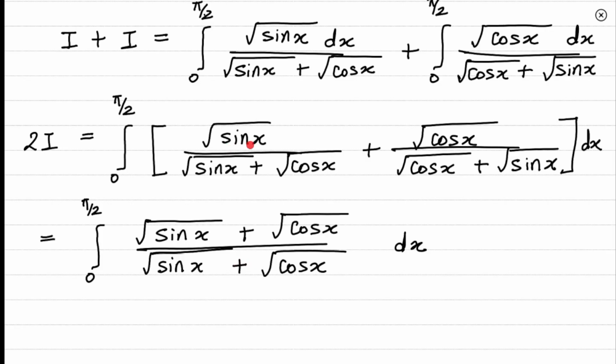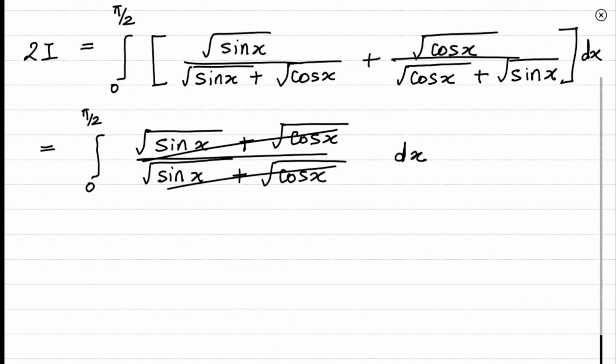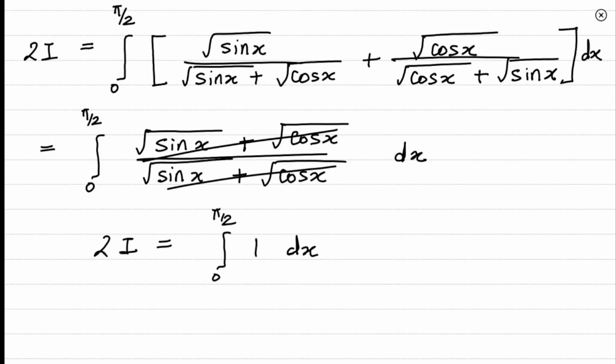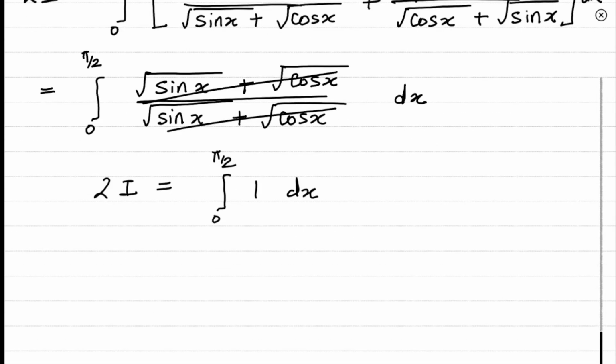You could add those numerators up. Okay, and if you notice, this and this is exactly same and it will get cancelled. So essentially you have 2 times I is equal to integral of 0 to pi by 2 1 with respect to x. How simply you are able to cancel that function using that property.